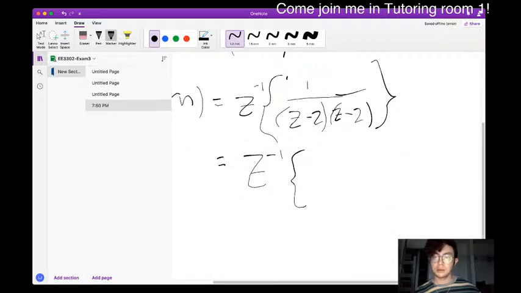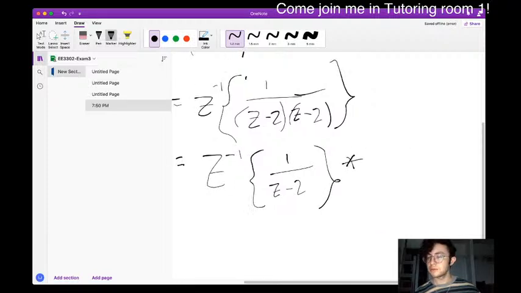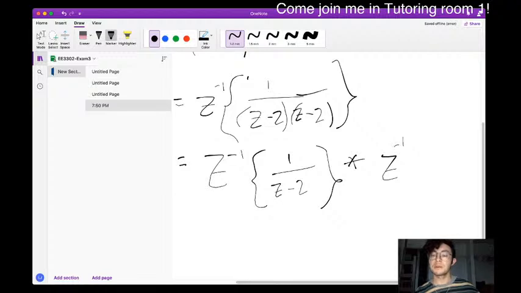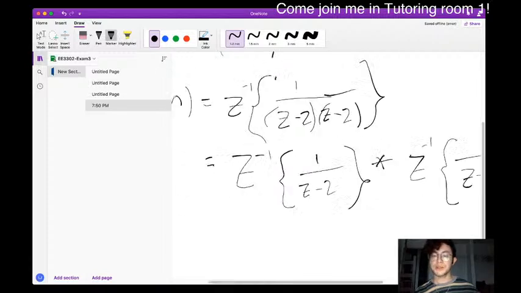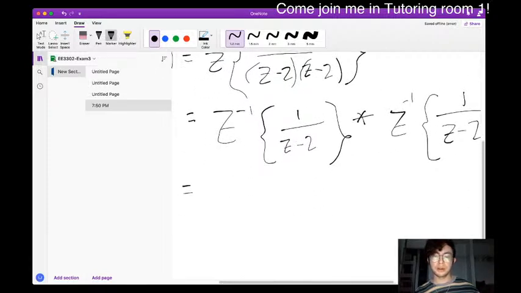So we get z minus 2 convolved with the inverse z transform of 1 over z minus 2. And we get our causal exponential again, so that's going to be a pretty common thing. So we get 2 to the n minus 1, u of n minus 1.